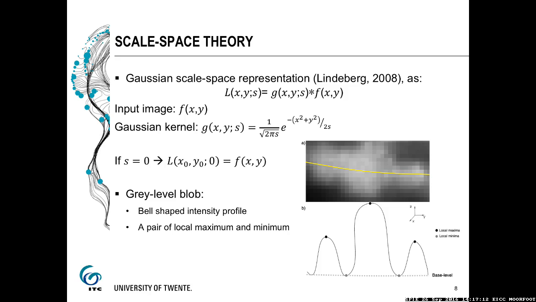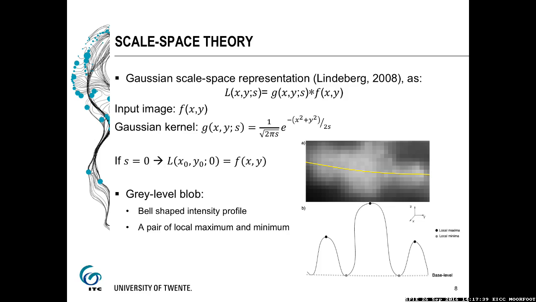And the L here is the scale space representation, which is equal to the convolution between the input image, as a function f, and the Gaussian kernel. If we consider the scale of 0, then the scale space representation is equal to our original image.